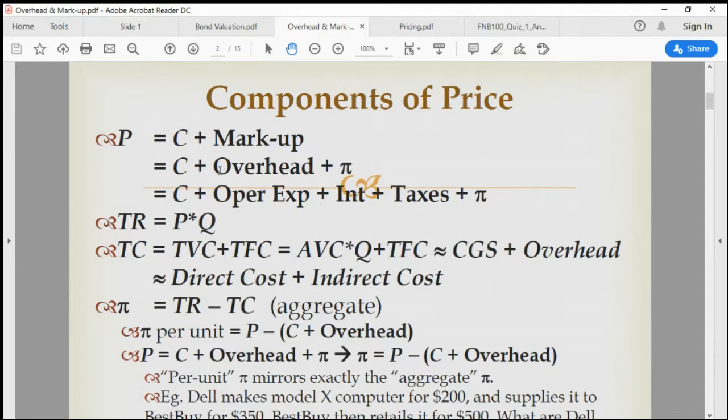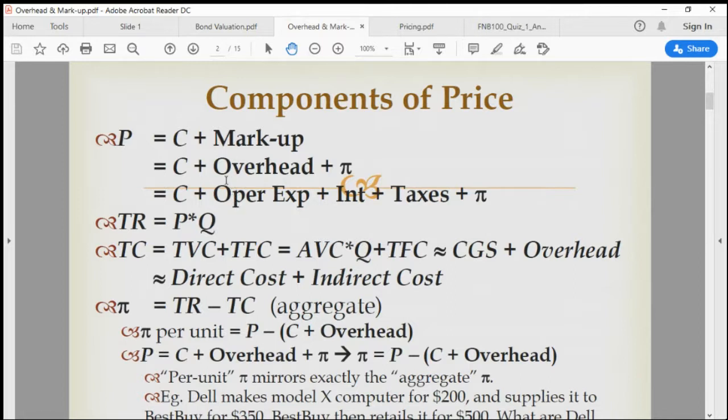You remember, indirect cost was called OPEX, operating expenses, from the breakdown of the income statement, AKA total fixed cost, which is a microeconomics terminology.